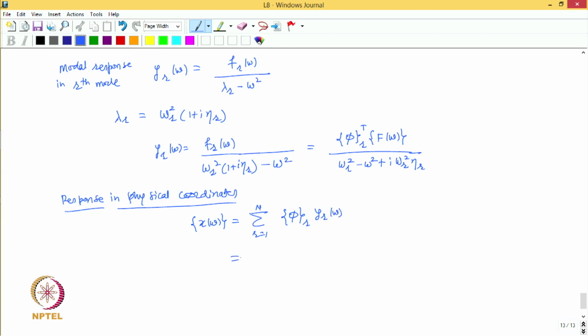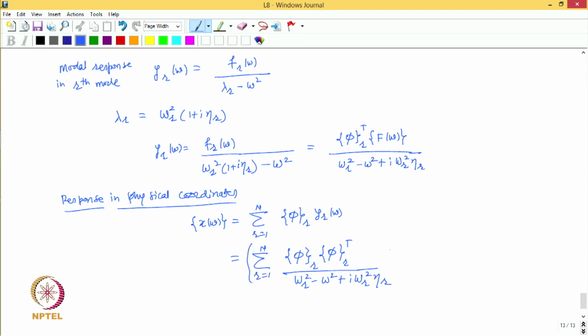If we substitute this here, what we get is phi r transpose divided by omega r square minus omega square plus I omega r square eta r, with r varying from 1 to n.